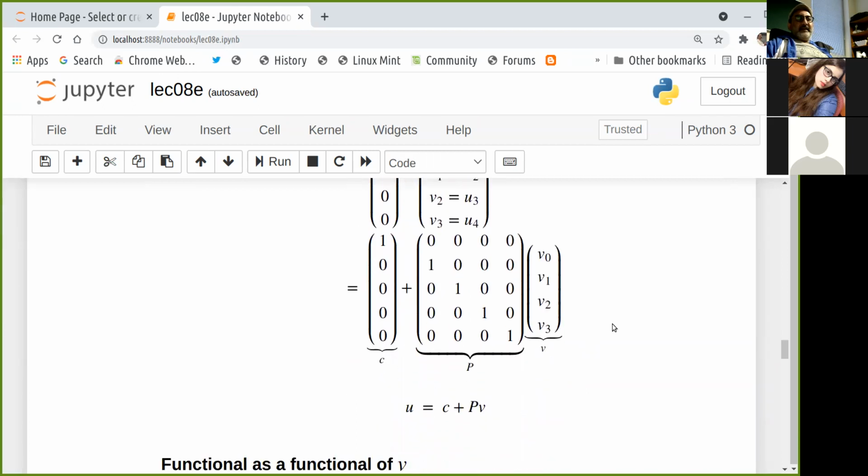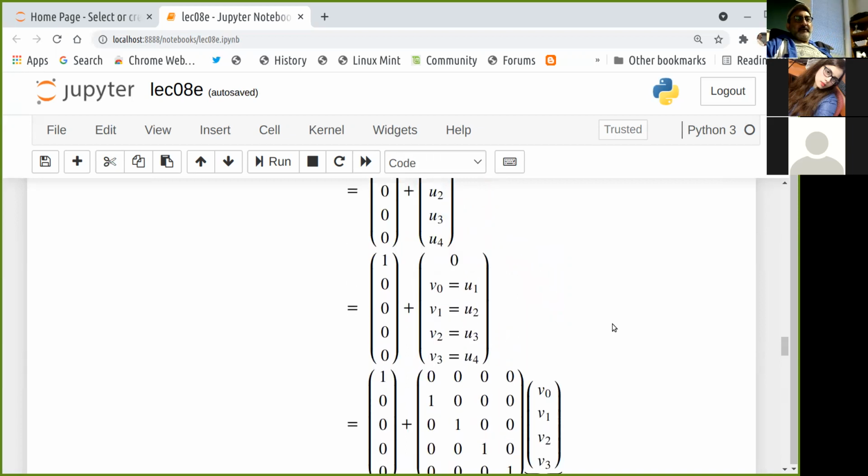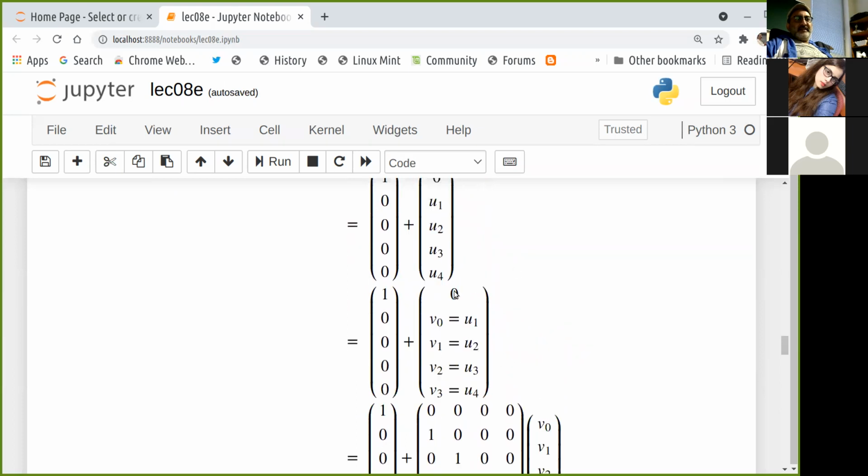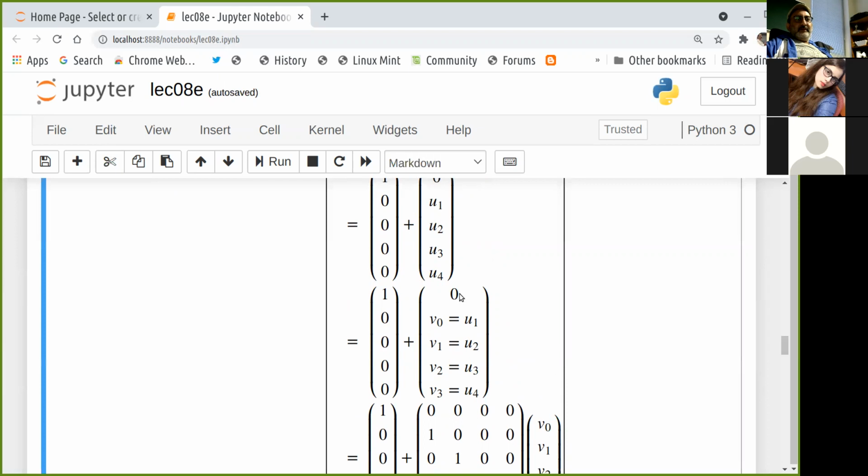Then I can write this as a constant vector plus a linear map P, and what P does is it acts on a vector V, which is of dimension n minus 1, and it prepends a 0 to it. So the action of P on V is to stick a 0 to the front.